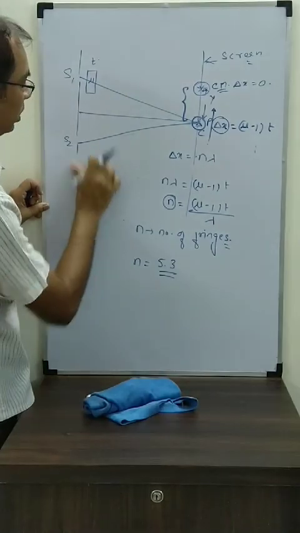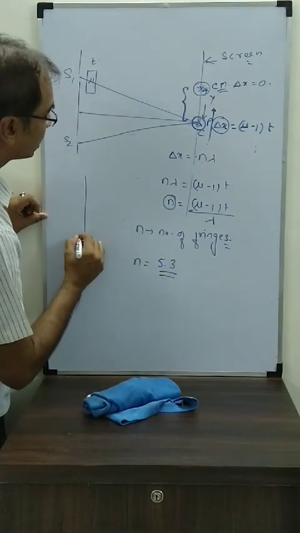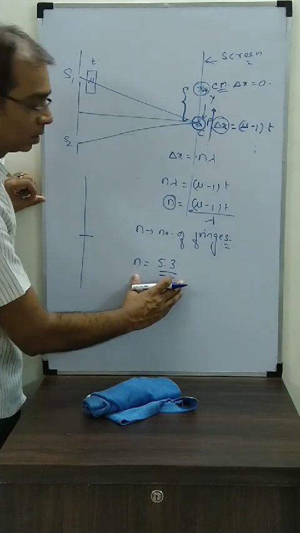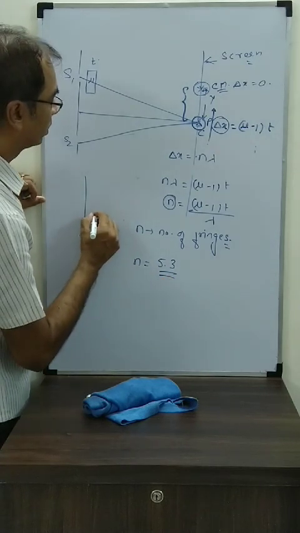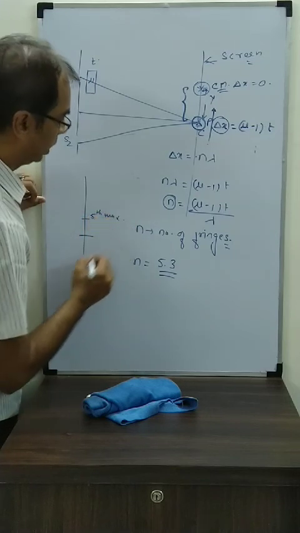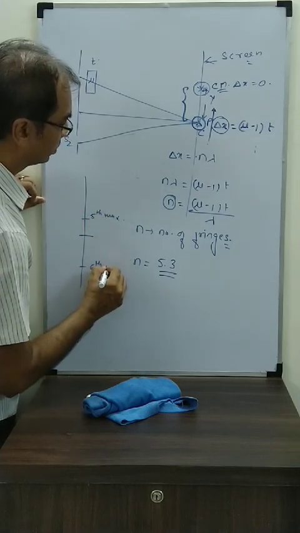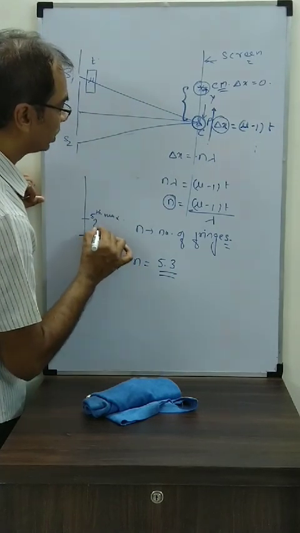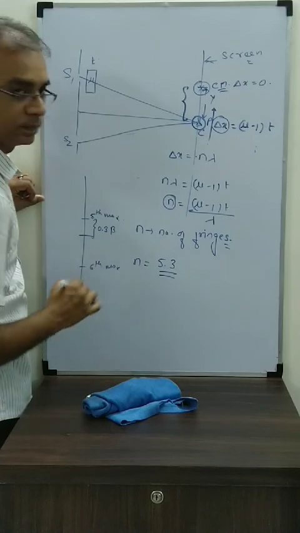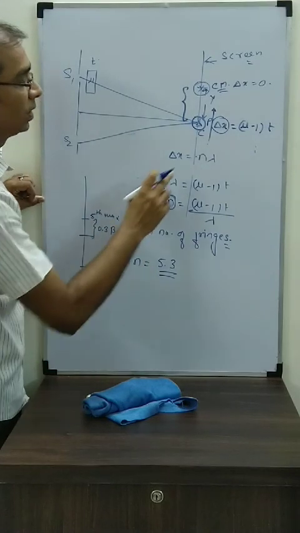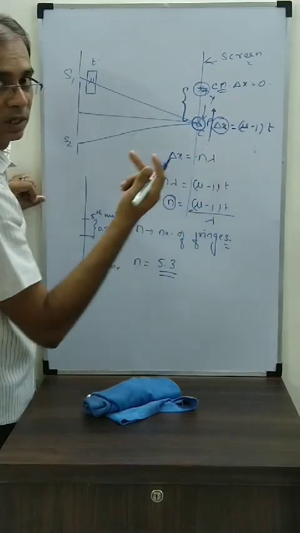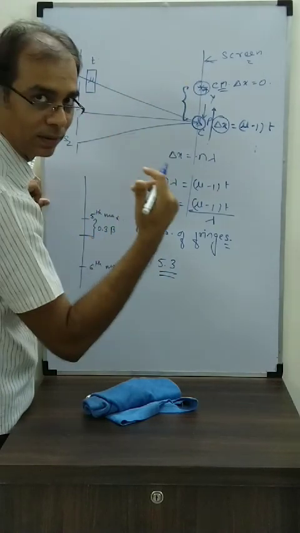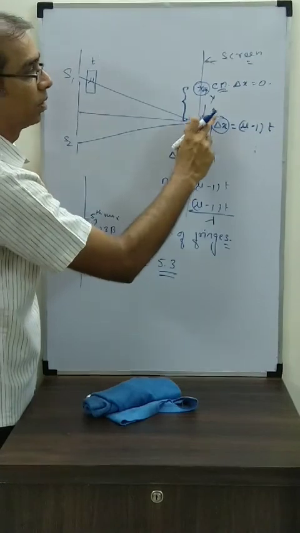Let's try and check it over here. If this is the central part of the screen and we are saying n is 5.3, that means here will be the 5th maximum and here will be the 6th maximum. When you say 5.3, that means this is 0.3 times of the fringe, because I told you that if delta x equals 3 lambda, that means the third fringe. 3 beta will be the gap between the central maximum and that point, as I told you here already.